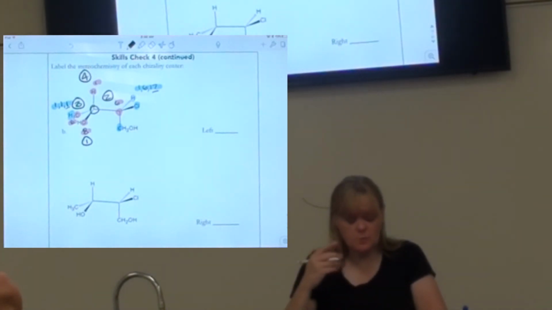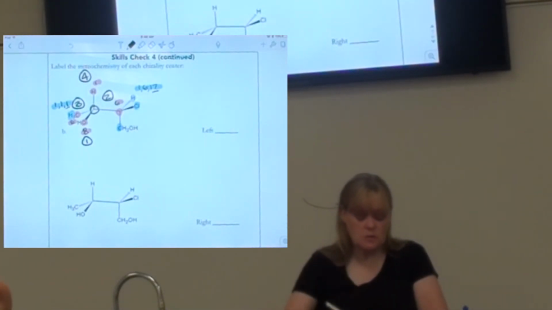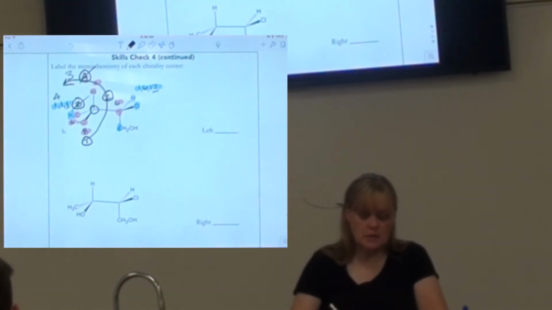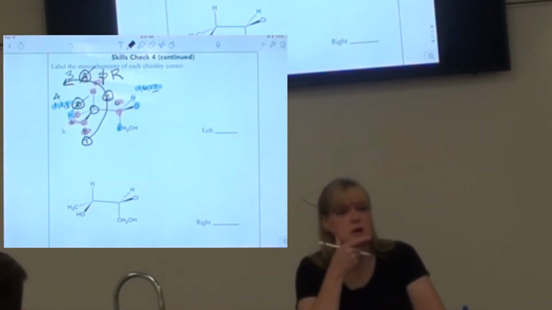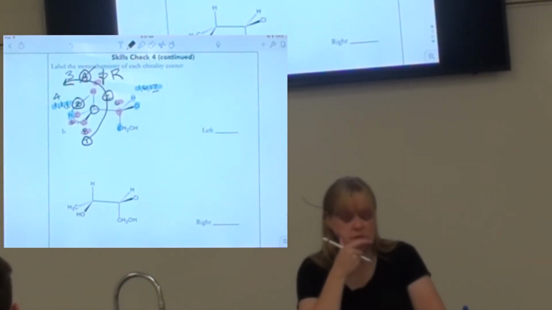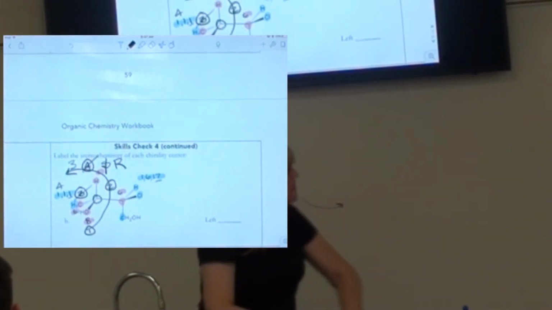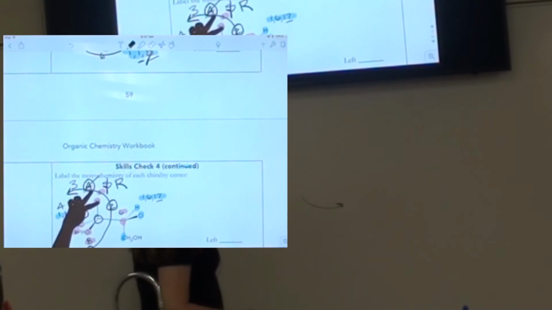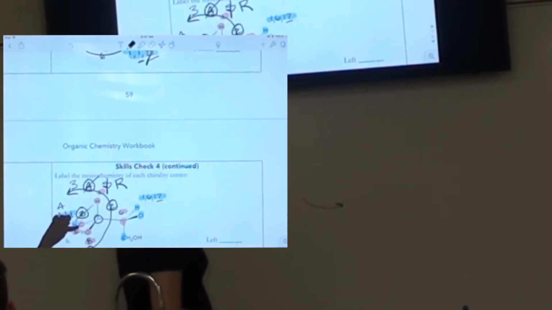If you have a perspective formula, you want it on the hatch line because that's going away from you. 1, 2, 3 is S, but I switched it to figure that out, so the original was R. So I have the 4 here, but I need it here. So I've swapped them.